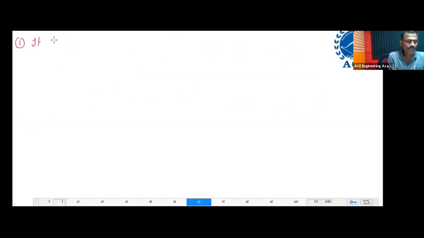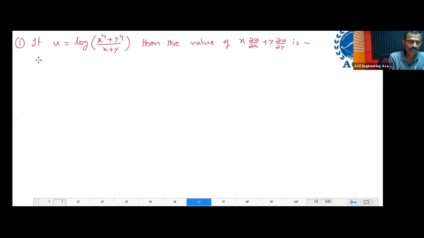If u equal to log of x power 4 plus y power 4 divided by x plus y, then the value of x into dou u by dou x plus y into dou u by dou y is: option A 6, option B 5, option C 4, option D 3.